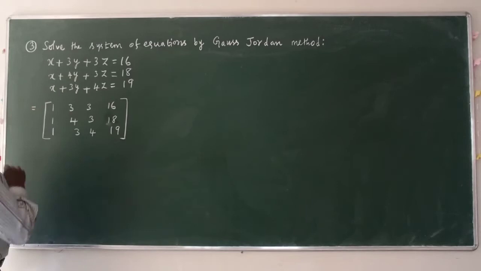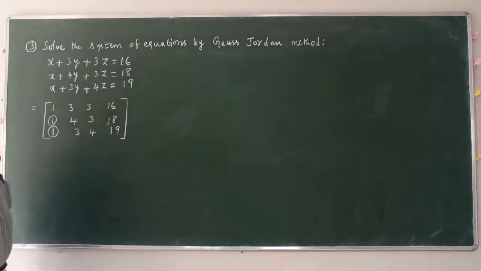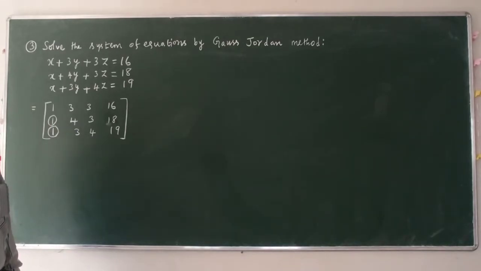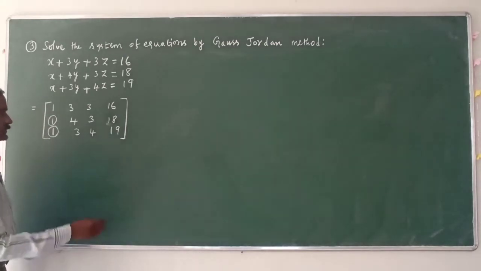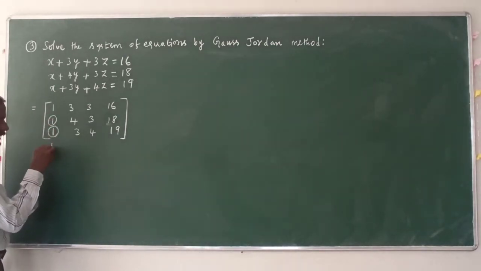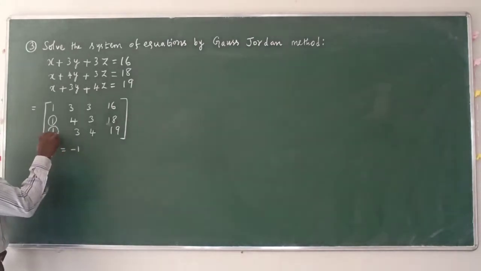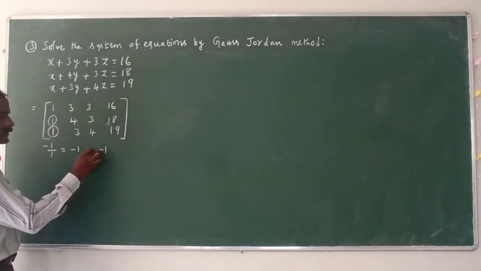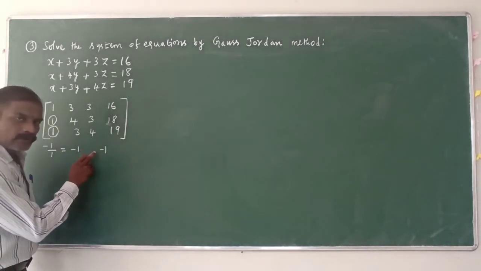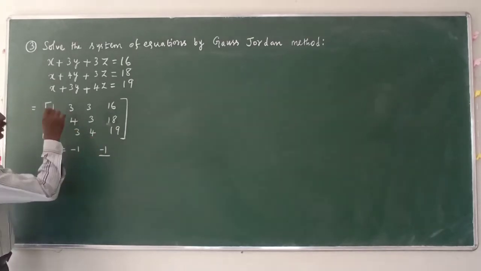First, to make the row 2 and row 3 first column coefficients 0, for that we take the coefficient divided by row 1, which gives minus 1. Row 2 is row 2 minus 1 times row 1.